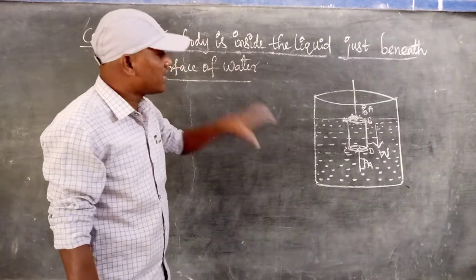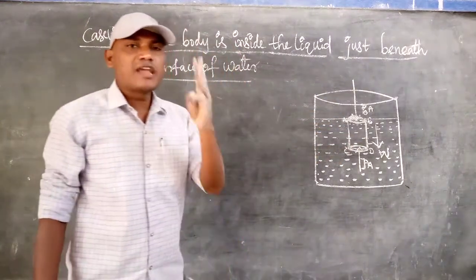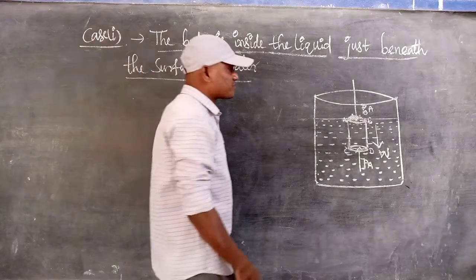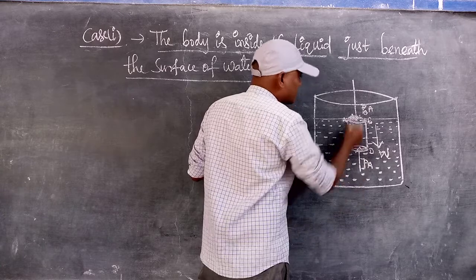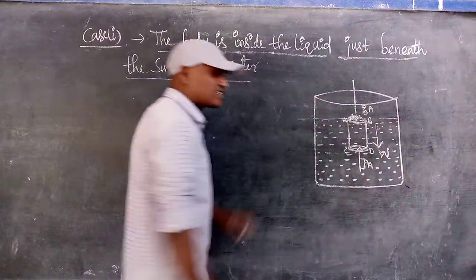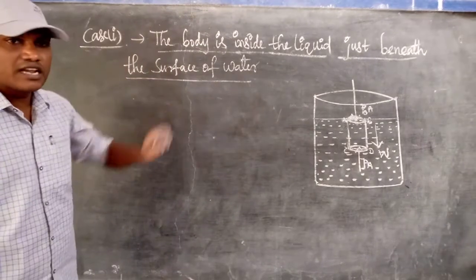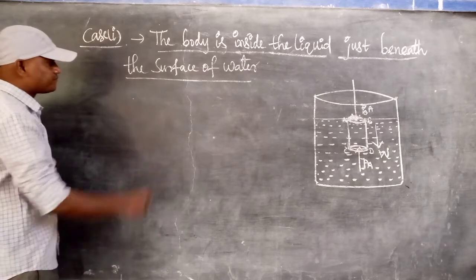That's why, totally, on our considered liquid column, how many forces are acting? Mainly three forces are acting. One is the air force, vertically downward. Buoyancy force is vertically upward. And the earth's gravitational force also acts vertically downward on the mass of the liquid.